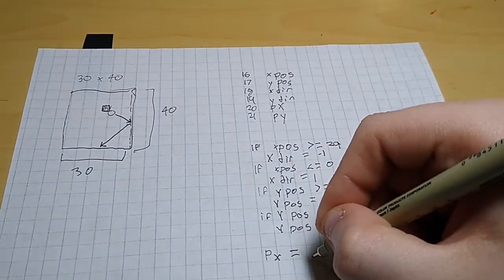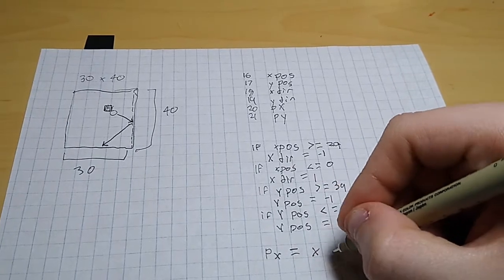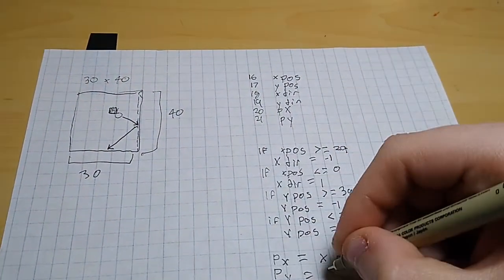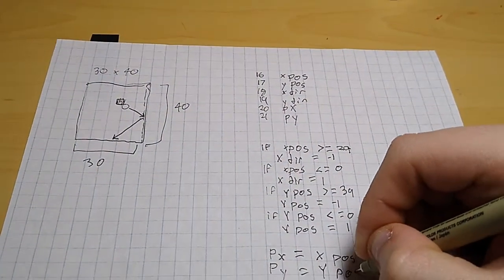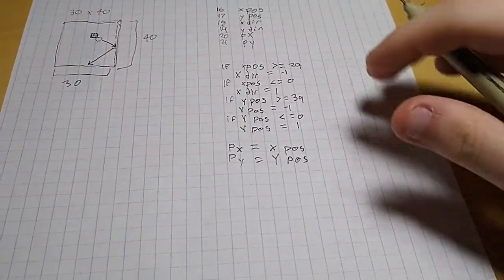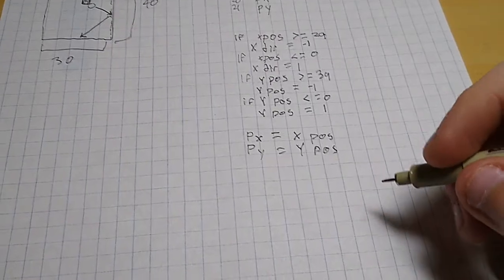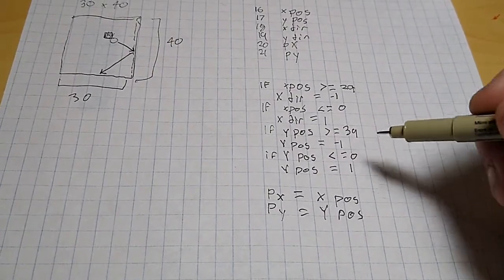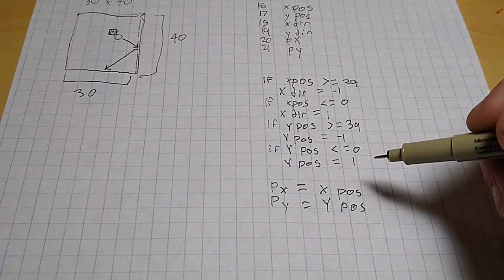So we just make previous x equals x position, and previous y equals y position. Then after that, we want to add the x direction to x and the y direction to y.